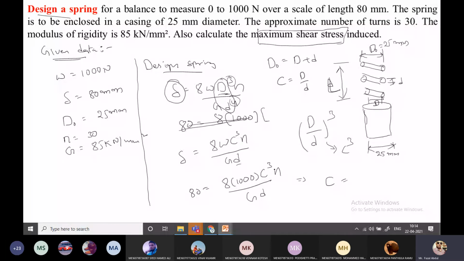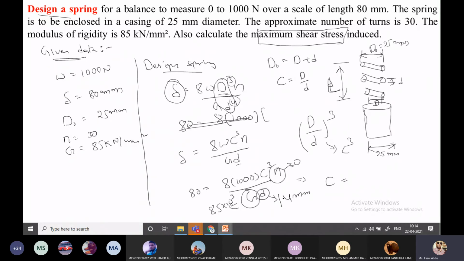Why will we get it in terms of C? See here, the G value is given in the question, and the N value is also given in the question. N value is 30 and G value is 85 into 10 to the power of 3, and the d value, just consider d as 4 mm, wire diameter is 4 mm.